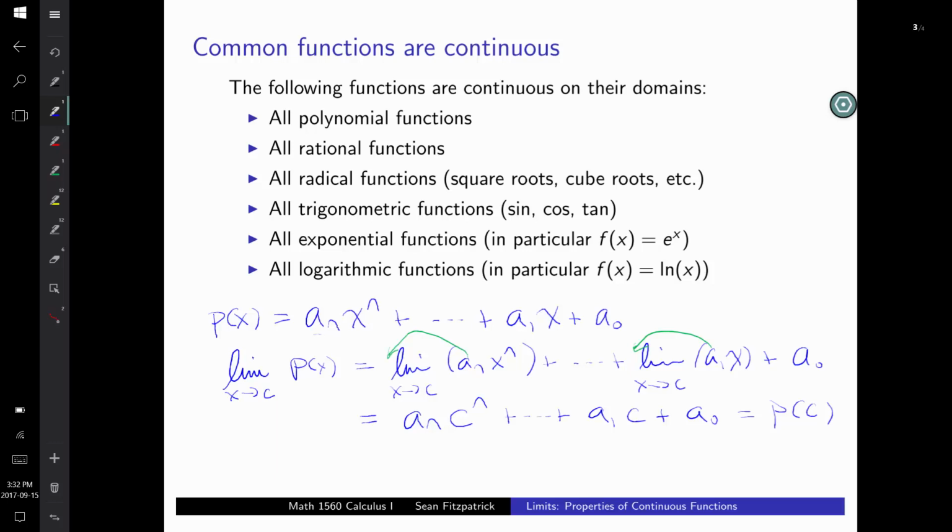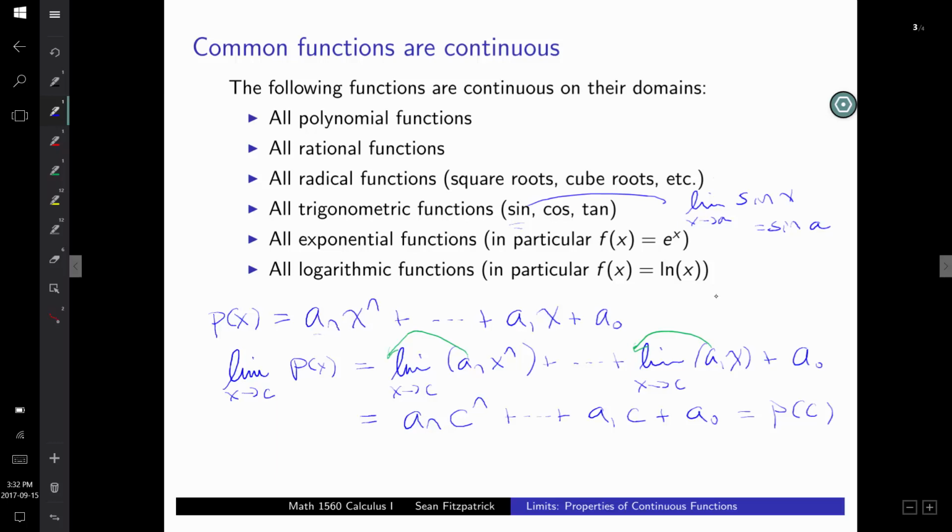So radical functions, we won't really give a proof that it works for roots, but it does work for roots. For the trig functions, if you go back and look at the first video on trig limits, you'll find that we showed the limit as x approaches a of sine x equals sine a. We actually gave a proof of that.